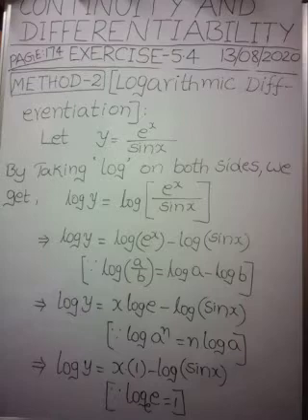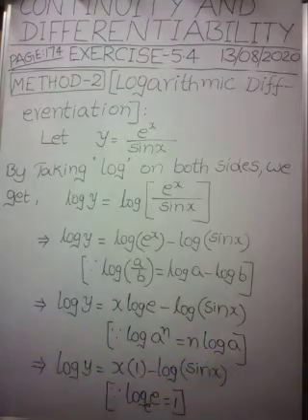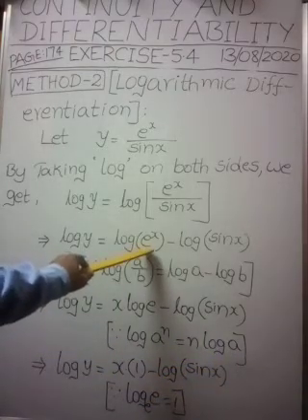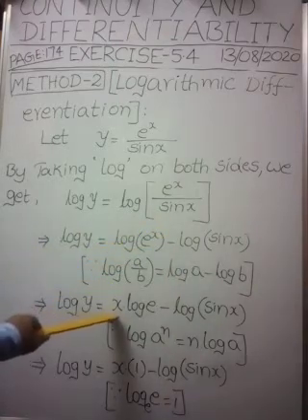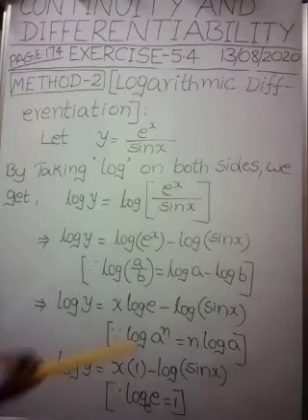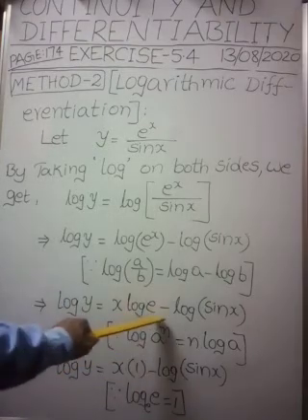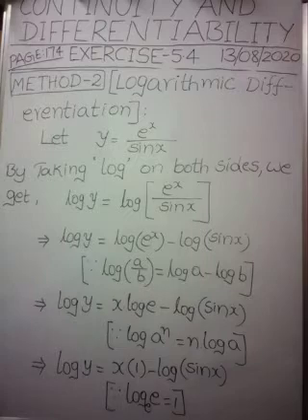What is the logarithm property? Log a power n is equal to n log a. So assume this is a and this is n. So n, which is x, into log a, which is log e. Understood this first term, my children? Right. Minus, I am writing the second term as it is. Understood this step, my children?